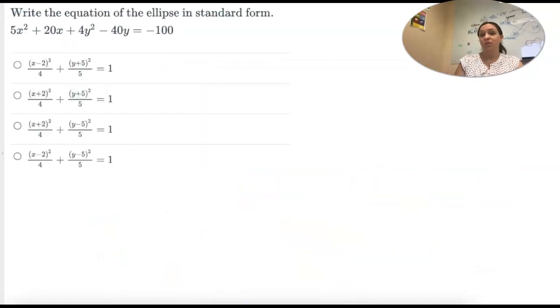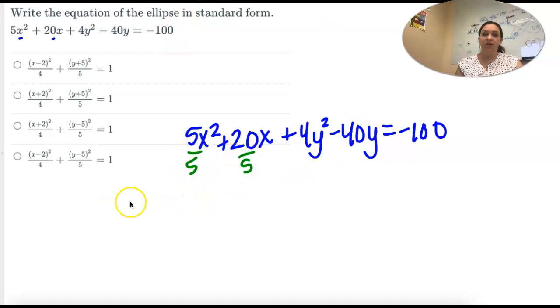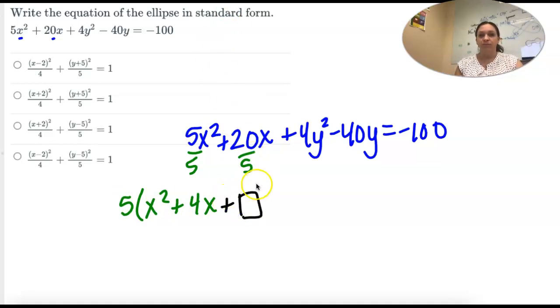We're going to do one more of just completing the square and writing in standard form. So x's together. And there's a number by the x squared and the y squared. So that means we have to take that out from both the x values. So distributive property backwards, and then leave space to complete the square.